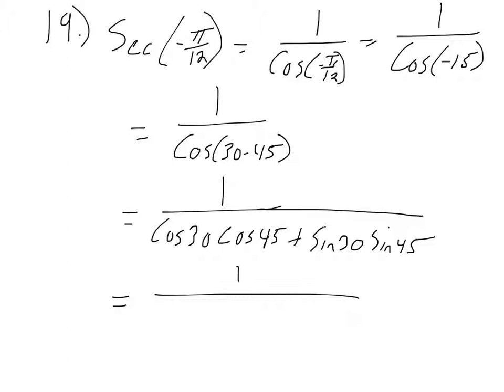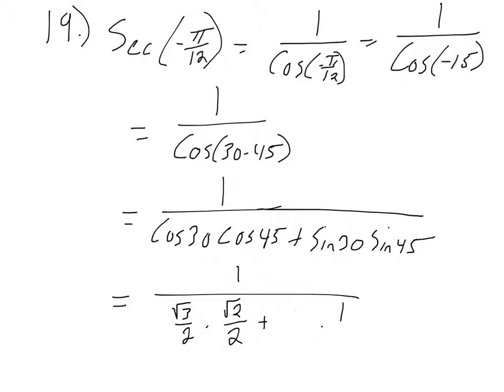So cosine 30 is square root of 3 over 2. Cosine 45 is square root of 2 over 2, and sine 45 is square root of 2 over 2. And sine 30 is 1/2.